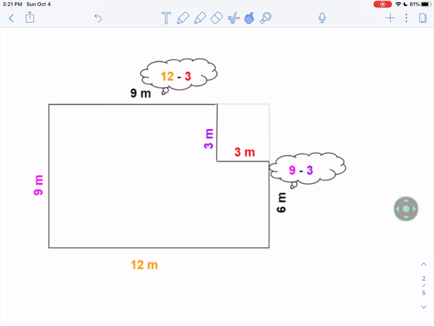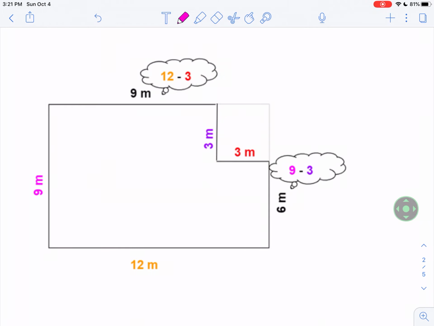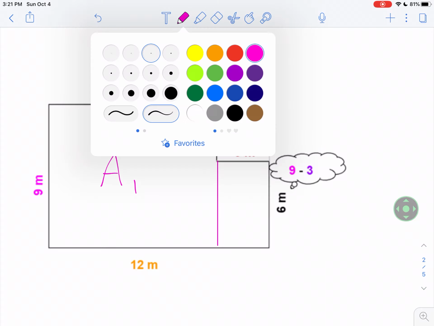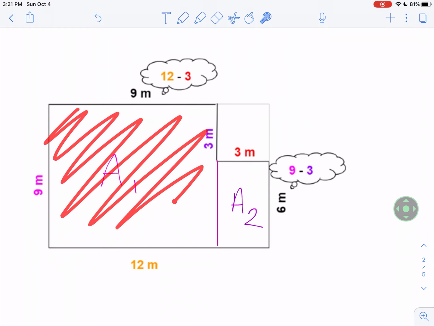First, let's divide up this shape into two rectangles. We're going to call this rectangle area 1 and this rectangle area 2. And we want the space inside each of those rectangles.